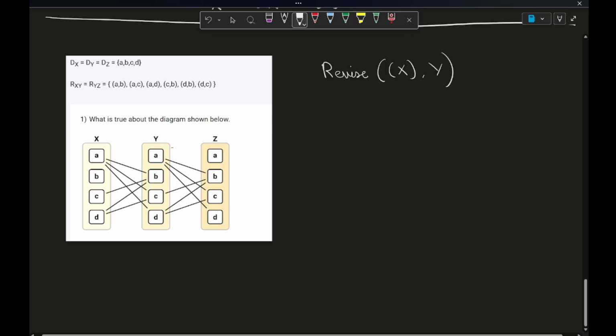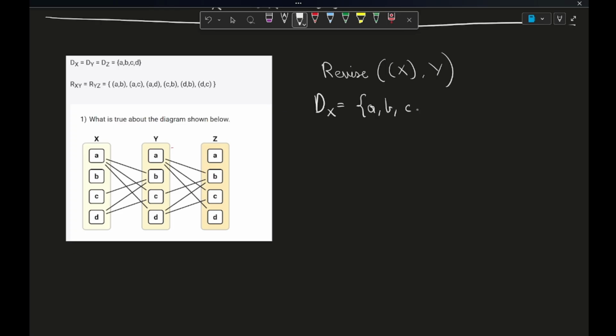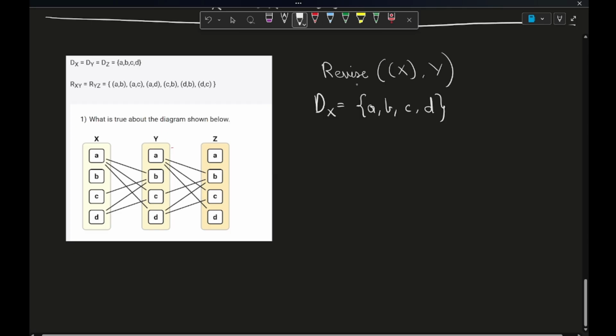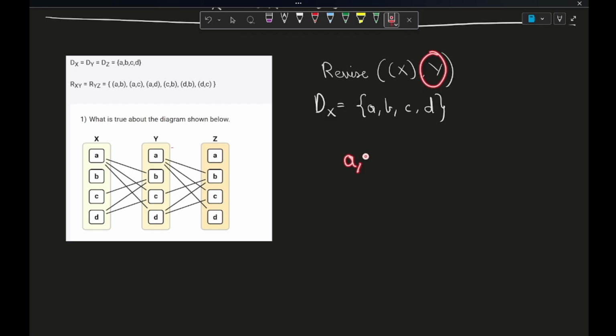So the domain is given, so I'll just again write the domain of a b c d, and the relationship is given. I won't write the relationship. Now if we try to make this arc consistent, let's see if there is a value in y such that a comma y is not in rxy.